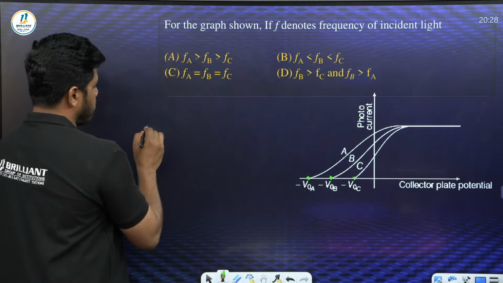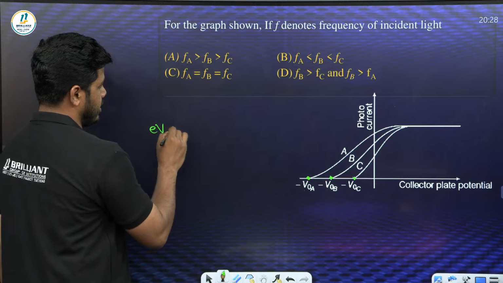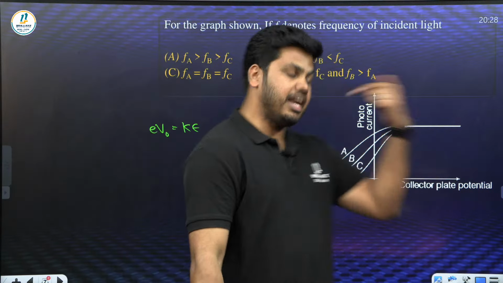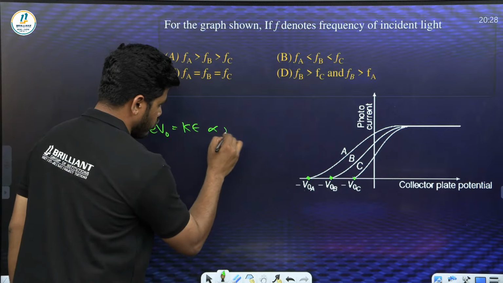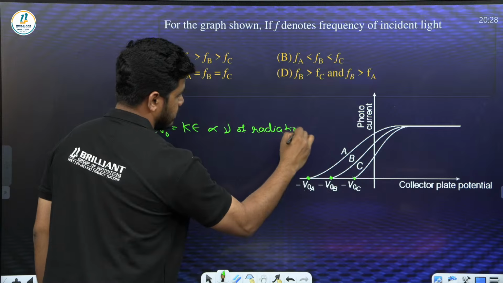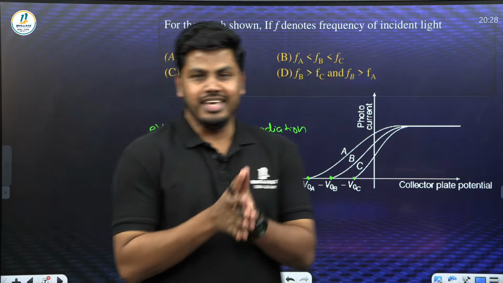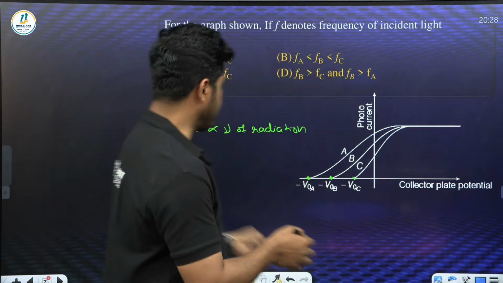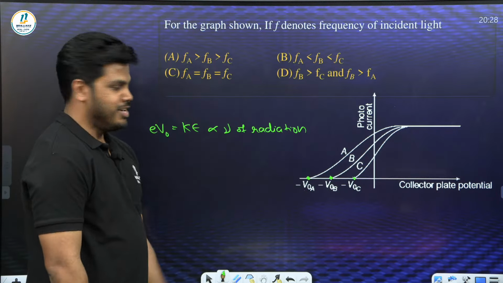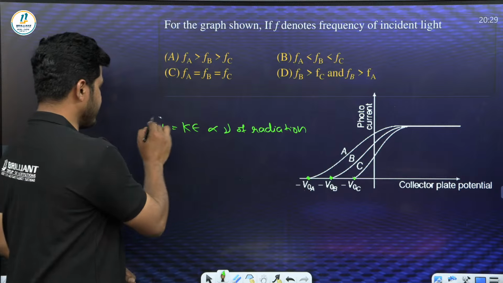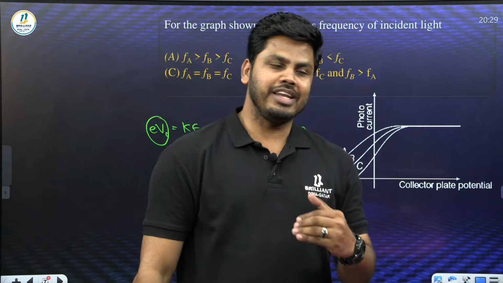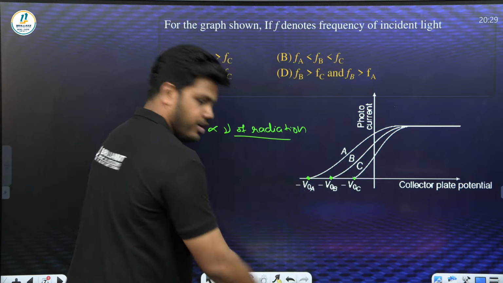We know stopping potential eV0 is equal to kinetic energy, so V0 is proportional to kinetic energy, and that is proportional to the frequency of radiation. So the greater the stopping potential, the greater the frequency of radiation. So now you can easily identify the greatest is for A.